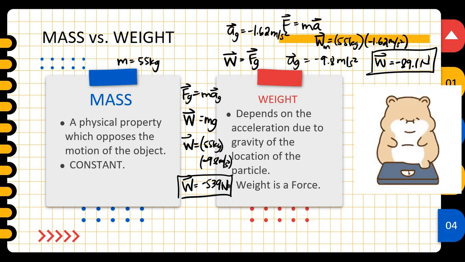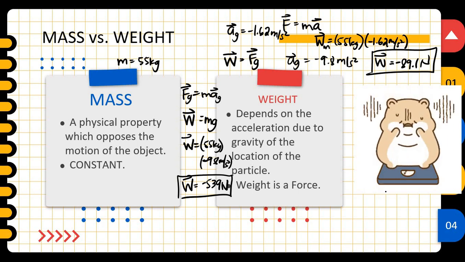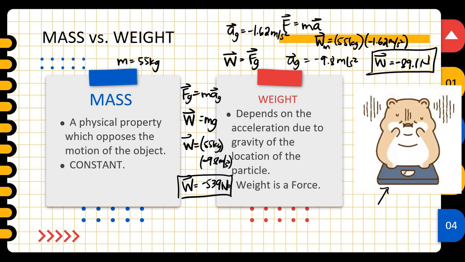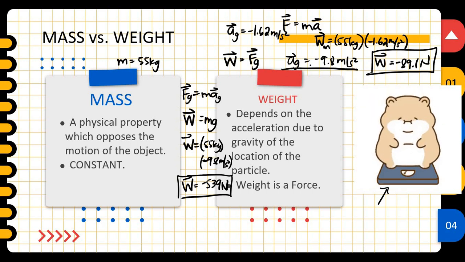Right? So what do we actually measure on the weighing scales on Earth? The weighing scales on Earth are designed according to our acceleration due to gravity. So even though the ones that we see on the weighing scale are in kilograms, that would be technically correct as well, because the weighing scales are in accordance with our acceleration due to gravity.